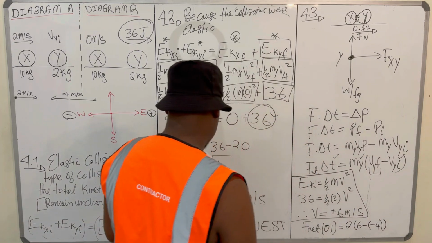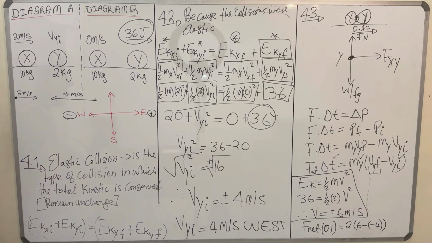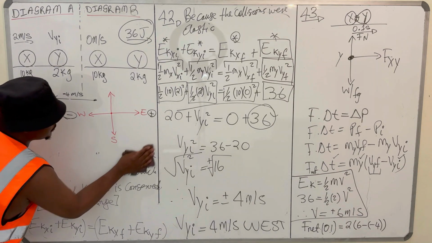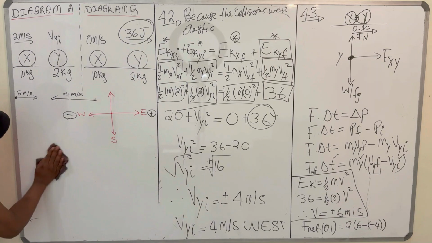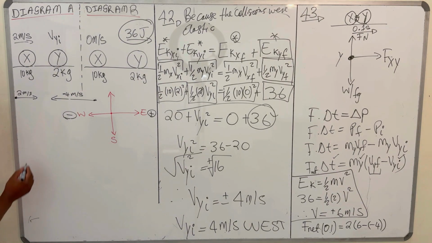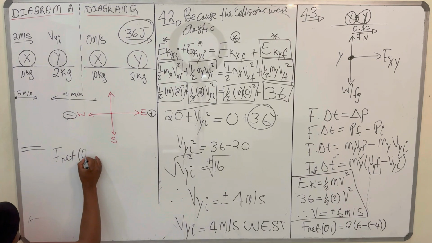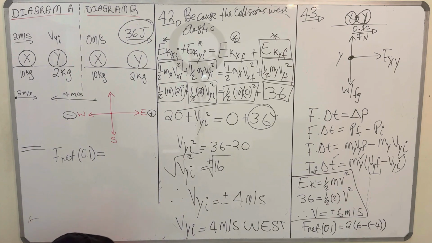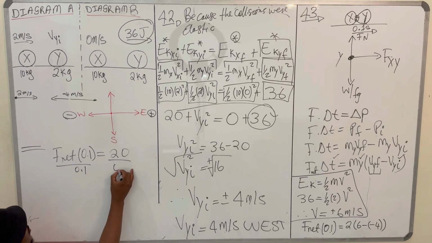I will clean some small space, maybe here, so that we are able to finish that calculation. So this is the continuation of 4.3. We're saying F net times 0.1 is equal to, punching the right-hand side, 10 times 2, which is 20, divided by 0.1.